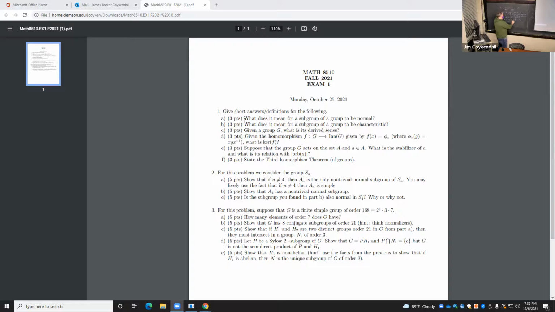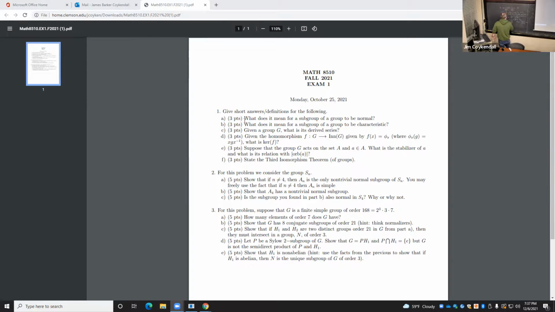And it can't be 1, because if you look at the number of elements in H1 times H2 as a set, that is bigger than the size of the group, and so that's not going to work out very well.